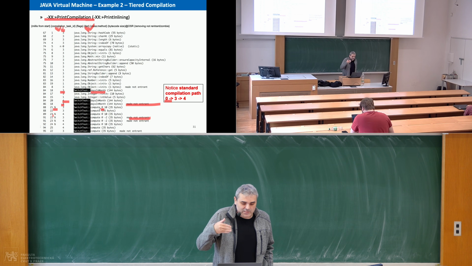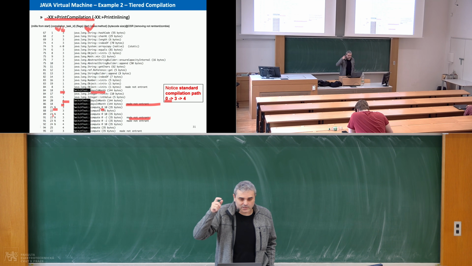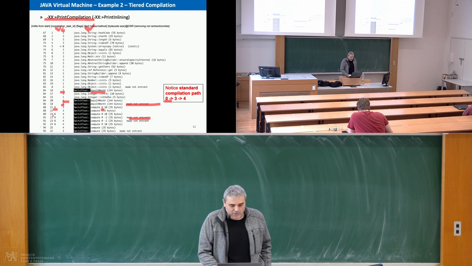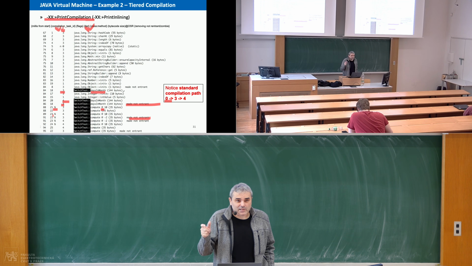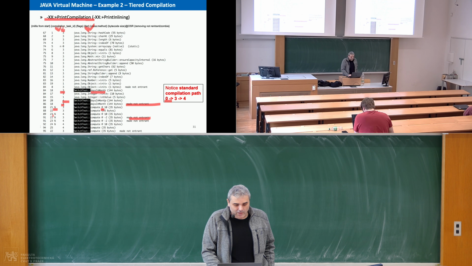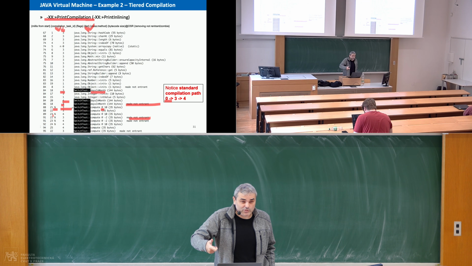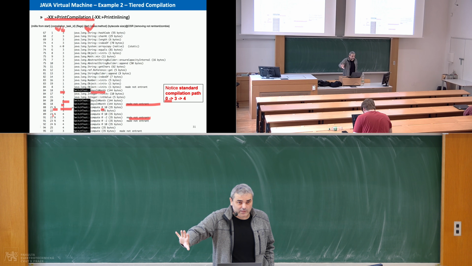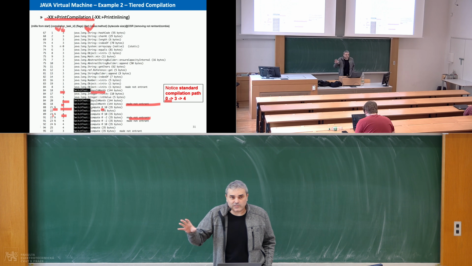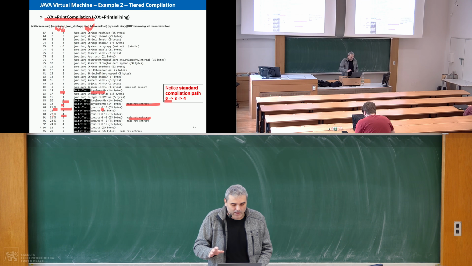So after some time, because there are those million cycles, the virtual machine decides, okay, the internal part of that cycle is really hot, a hot piece of this method. So it is worth doing C1 compilation, replacing that on the stack during the execution, and running that native code. After some time, it decides, okay, it's still used a lot, let's replace it with even better code and do the C2 compilation.